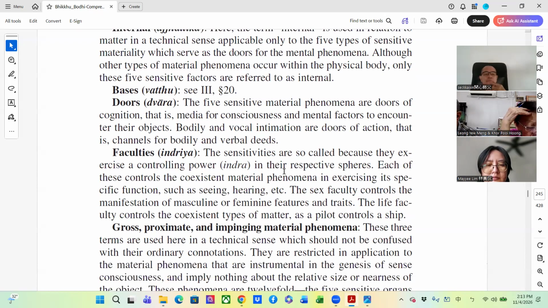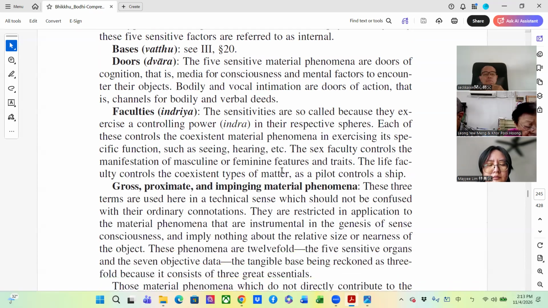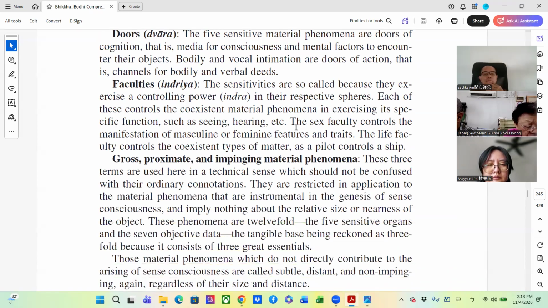Bodily and vocal intimation are doors of action, that is, channels for bodily and verbal deeds. Faculties. The sensitivities are so called because they exercise a controlling power in their respective spheres.